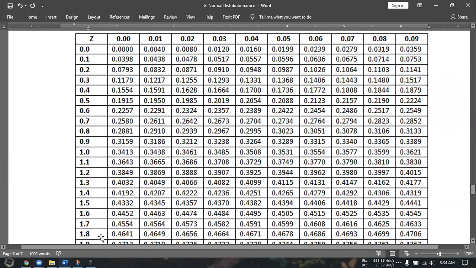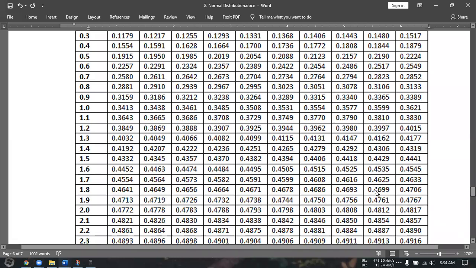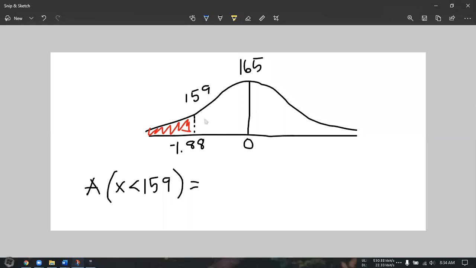Here, negative 1.8, then 0, 1, 2, 3, 4, 5, 6, 7, and 8. Here is your area from 159 to 165: 0.46.